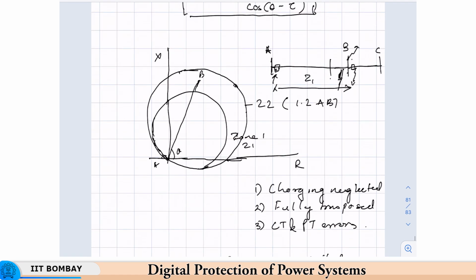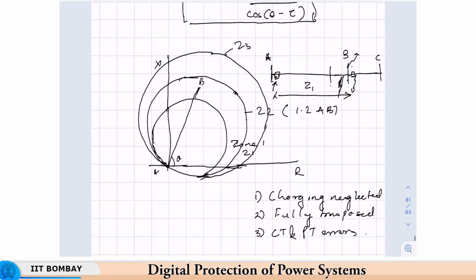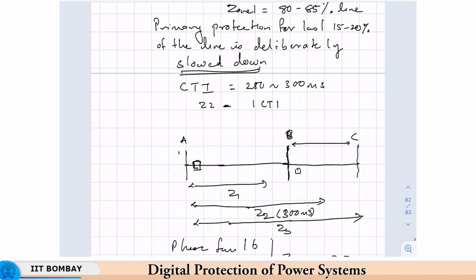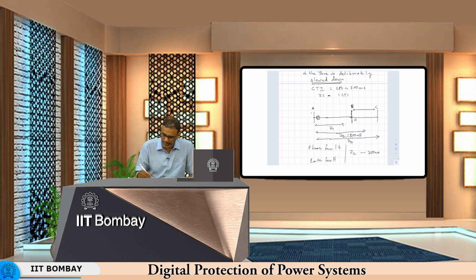So the minimum is about 2 CTI or 600 milliseconds, but usually zone 3 timers are set to about 1 second, and some references like Third Zone Revisited by Professor Swarke and Horowitz have also mentioned that the delay can be as long as 90 cycles, which is 1.8 seconds for a 50 Hertz system.